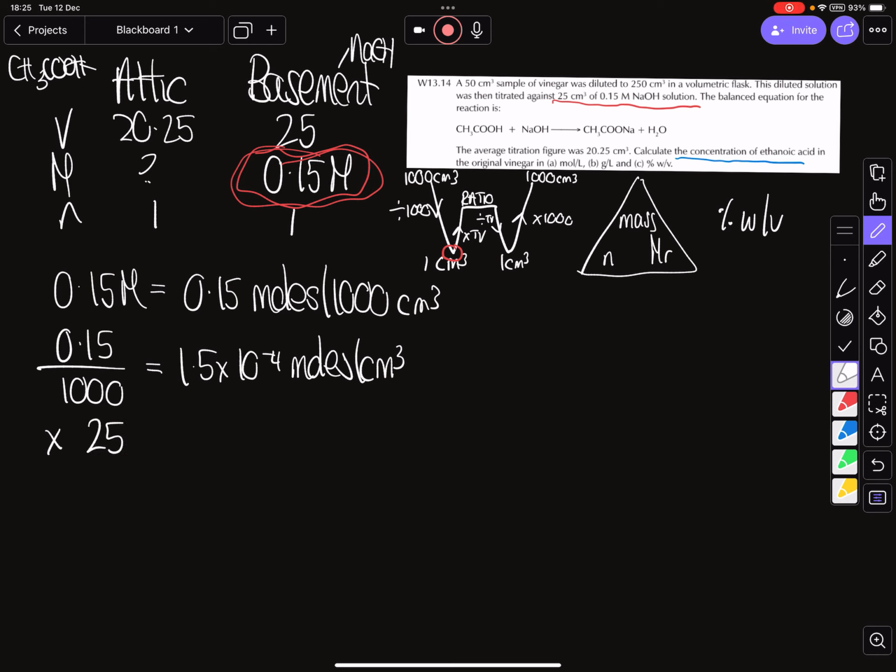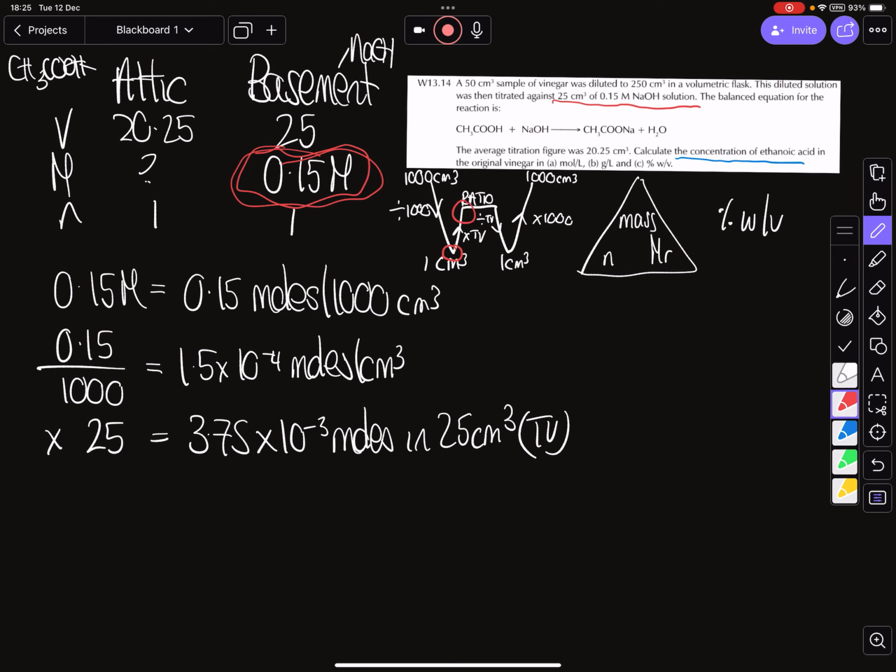From here, we're going to multiply by the titer volume, which is 25 centimetres cubed. When we do this, we get 3.75 by 10 to the minus 3 moles, and that is in 25 centimetres cubed, and this is our first titer volume.